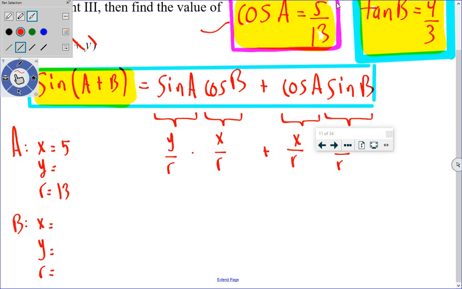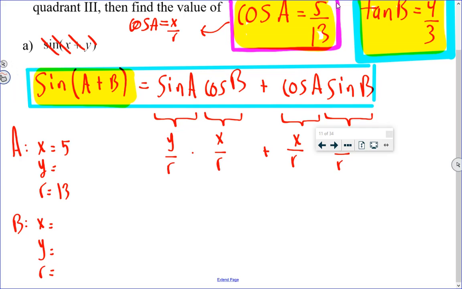Over here I'm saying cosine of angle A is x over r, so that's why I put 5 over 13 as being the equivalent of x over r. X is 5, r is 13. Over here, I'm saying tangent of B is y over x. I hope you understand how confusing that would be if I didn't change the x to A and y to B. So, I'm going to put 4 for y in angle B and 3 for x in angle B.